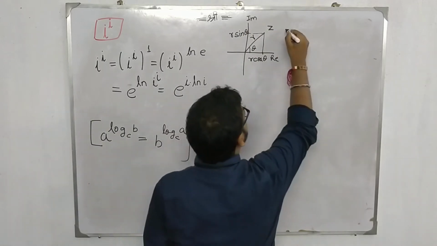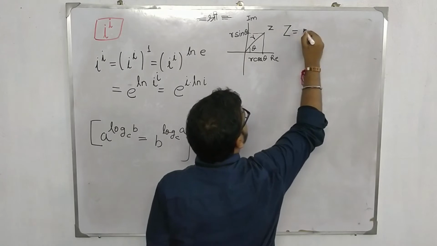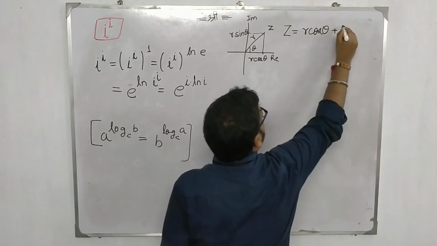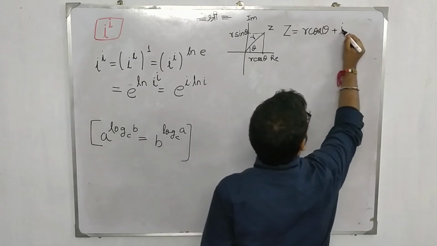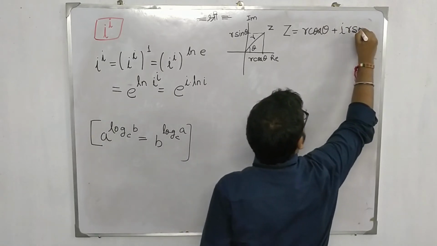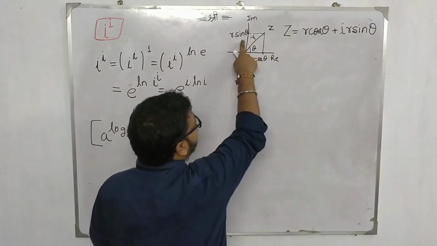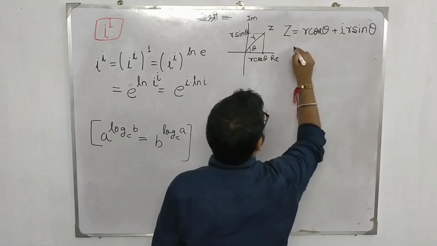So based on this, z can be written as r cos theta plus i times r sin theta, because this is the imaginary component, so it will be multiplied by i.